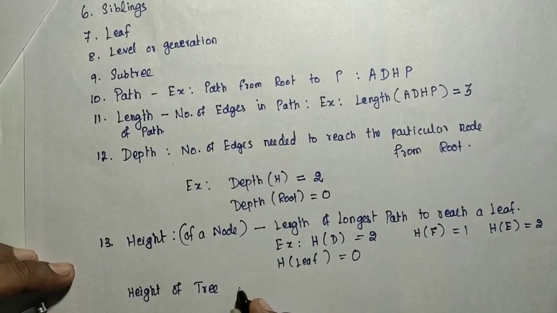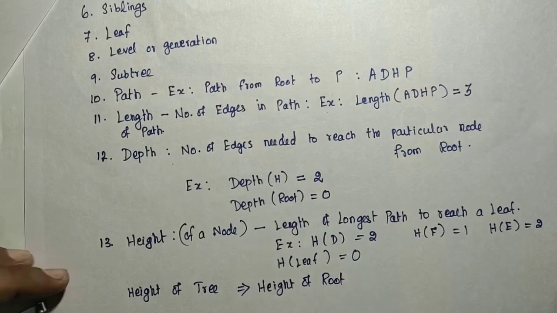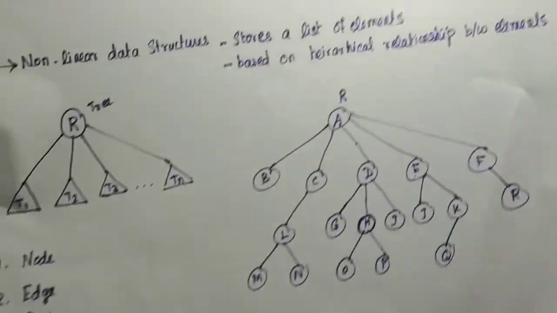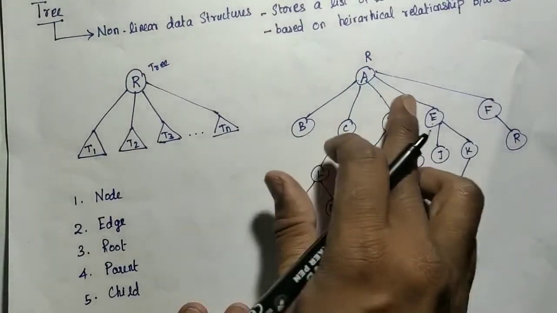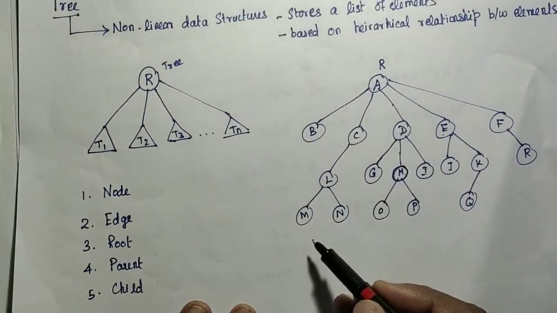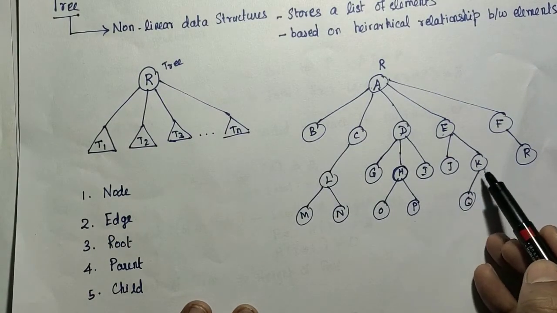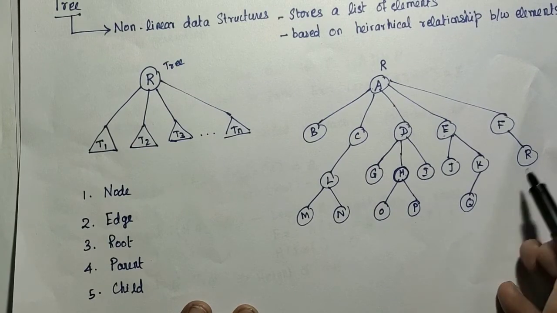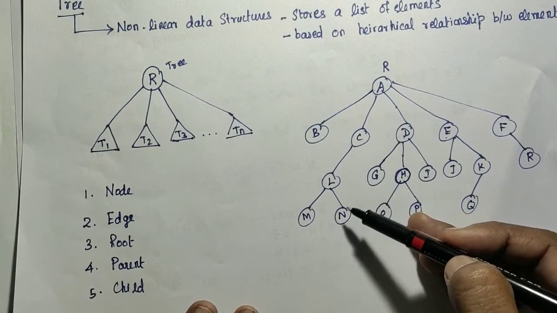Height of the tree is nothing but the height of the root node. So what is the height of the root? The leaf nodes are B, M, N, G, O, P, I, J, Q and R. What is the maximum length to reach a leaf?